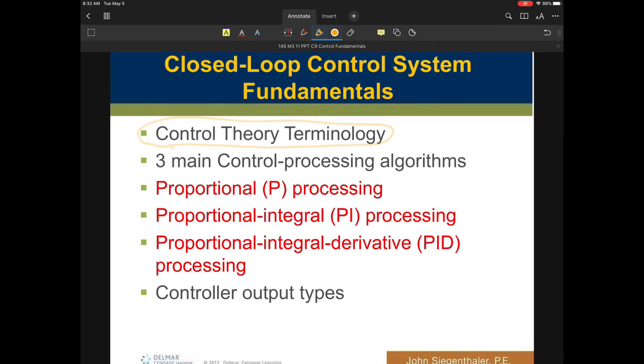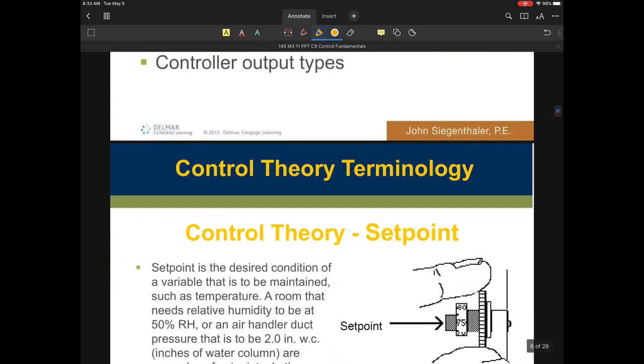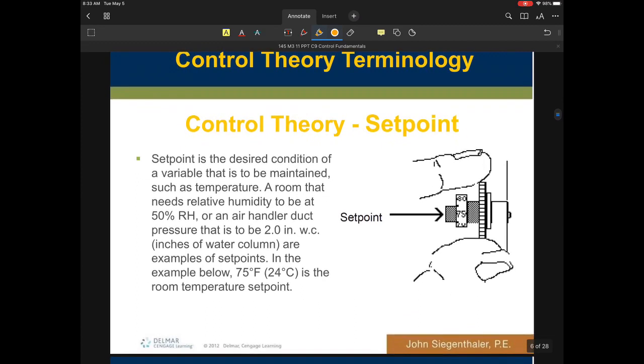We're going to look at the processing algorithms. We'll take a look at the 3 main types, which are essentially proportional, PI, or proportional integral processing, and also proportional integral derivative processing, which we call PID. So there's P, PI, and PID. And then the last one is the controller output types in our system. So let's take a look at the first one.